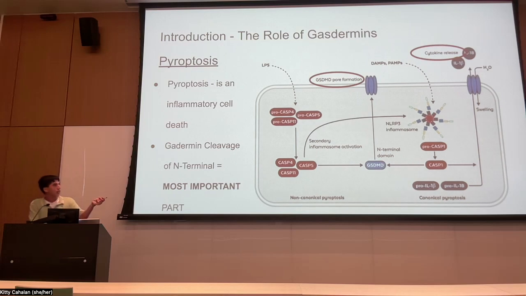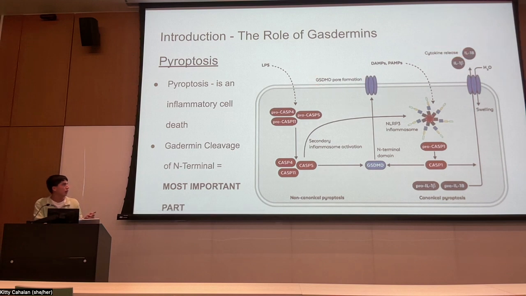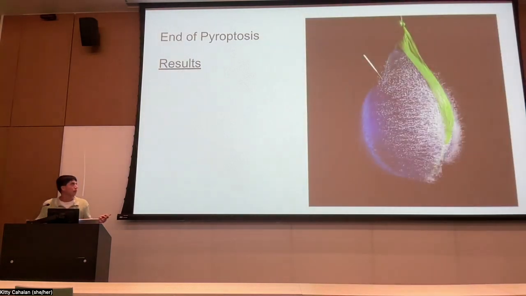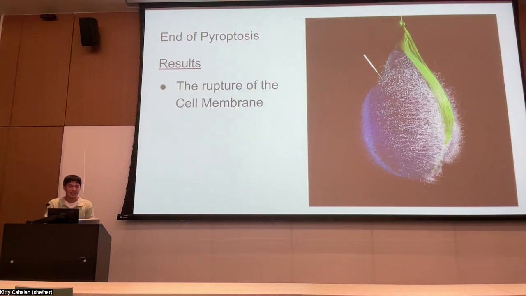And as you can see right here, the cell swells up due to the intake of water and a release of cytokines. In this situation, interleukin. So as you can see, there's an interleukin right here, and then it intakes water. And it intakes so much water that it bursts. So this is the end result of pyroptosis. Basically, it is the rupture of the cell membrane, as well as the release of interleukin.